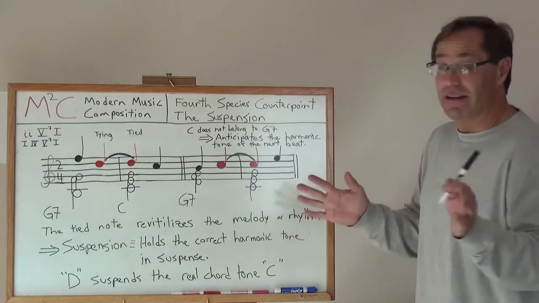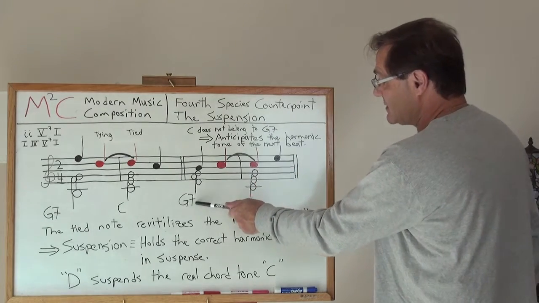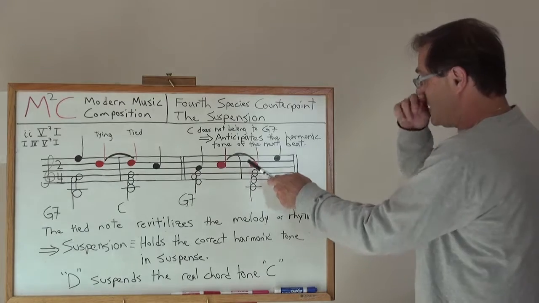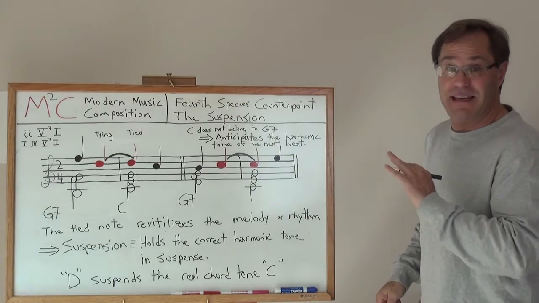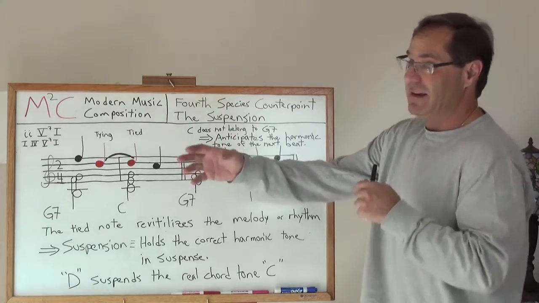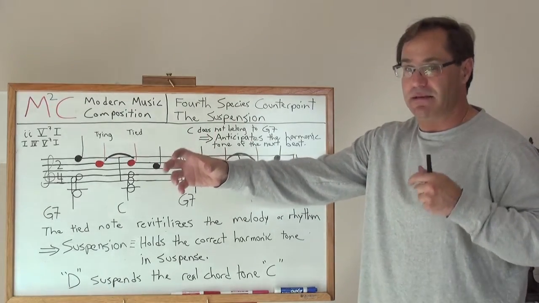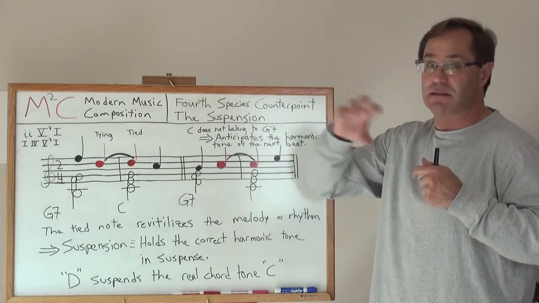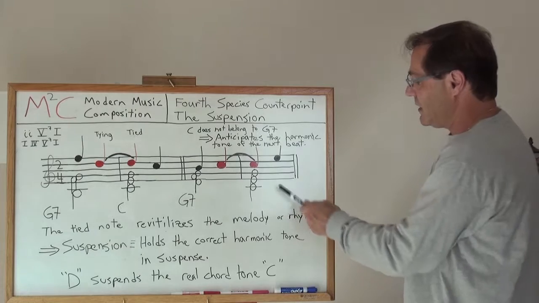Okay? Why is it called an anticipation? Well, C clearly does not belong to G7. So this is anticipating where it thinks it needs to go. Well, it obviously belongs to C major, so it's anticipating that there's going to be a C major chord that it's going to fit into, okay, into this next beat.